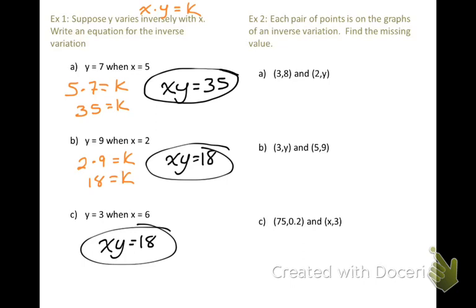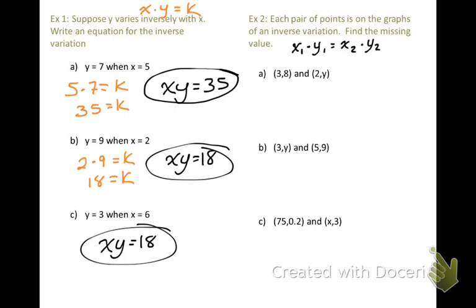Find the missing value. I'm going to teach you a formula really quickly for finding a missing number on two sets of variables. It would be x1 times y1 equals x2 times y2.